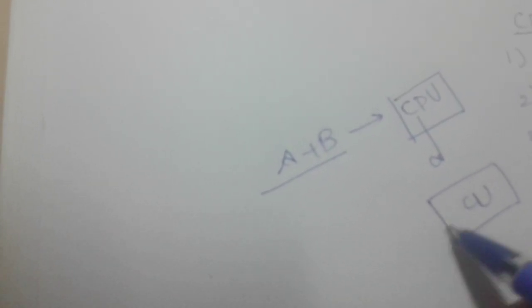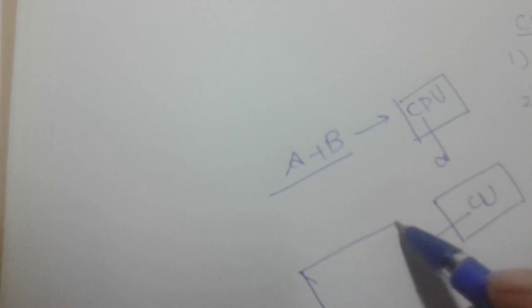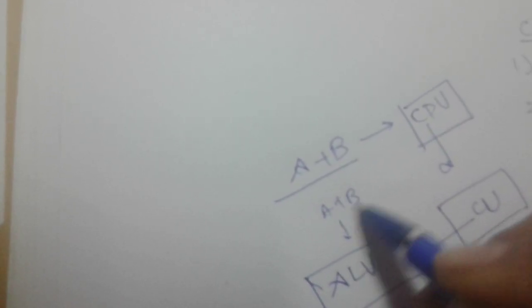Suppose we have to perform A plus B. We give this instruction to a CPU. In CPU, this instruction goes into control unit. Now, control unit will give command to ALU to perform this operation.